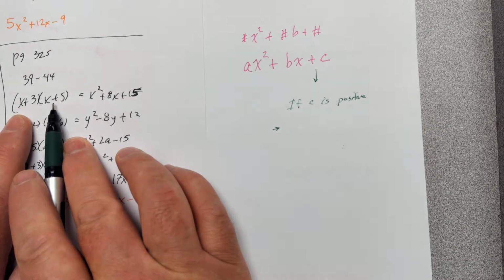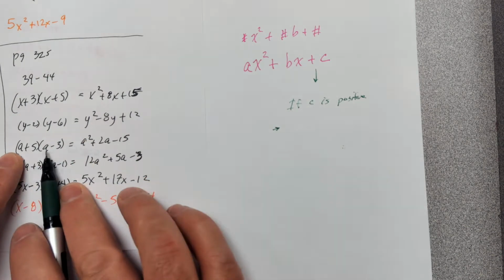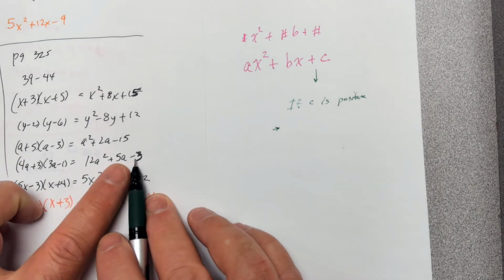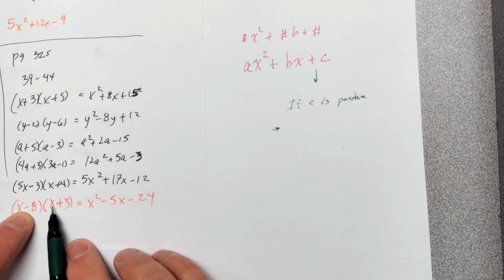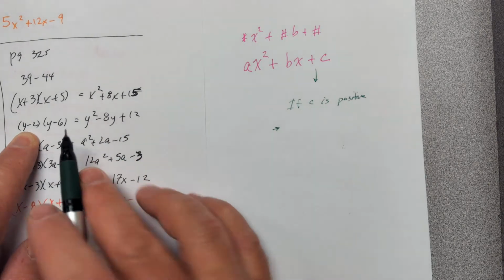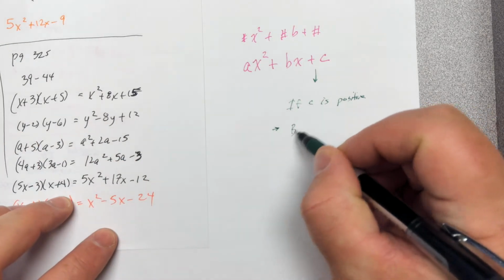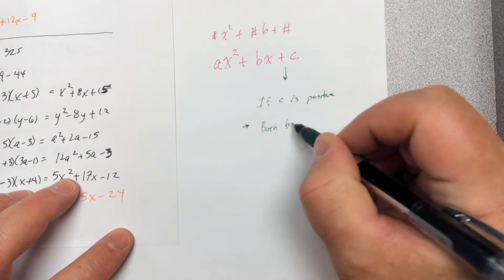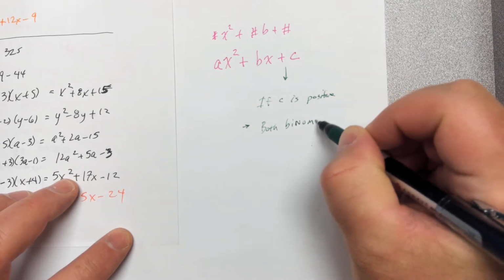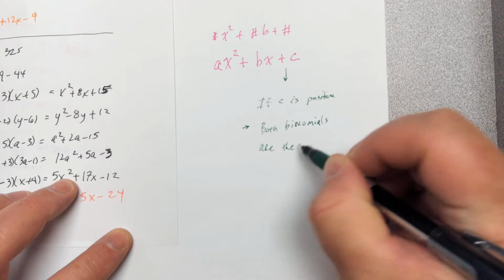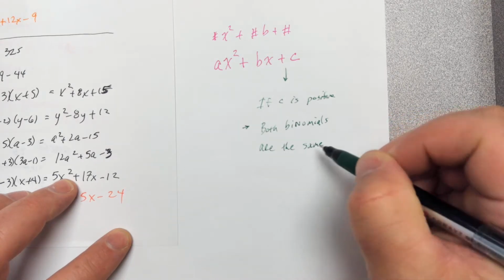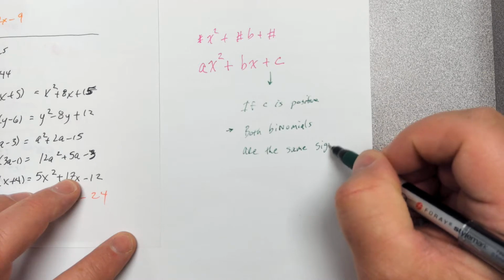They're both positive. But look, when c is negative, do you see they're different? c is negative, different. c is negative, different. c is positive, same. So if c is positive, both binomials are the same sign. But it could be negative or positive. You don't know which one. You just know they're the same sign.